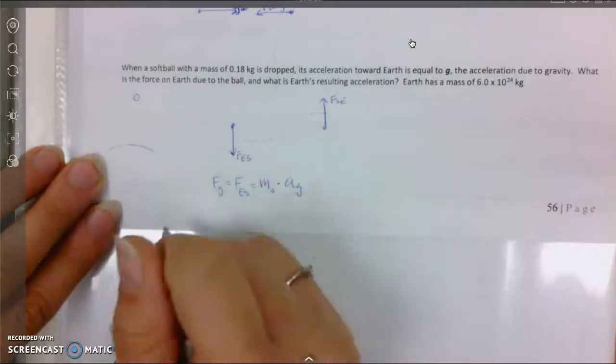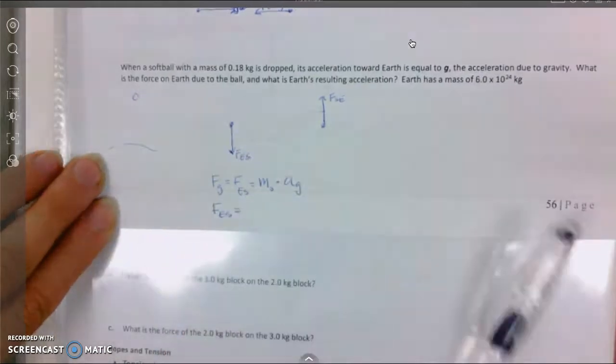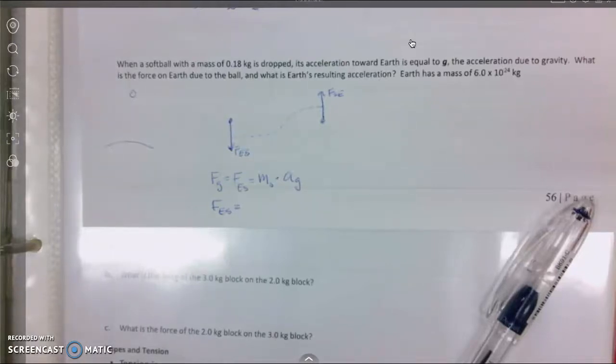Okay, so that would be the force of Earth on the softball. Well, we have 0.18 kilograms, so 0.18 kilograms multiplied by the acceleration, 9.81.